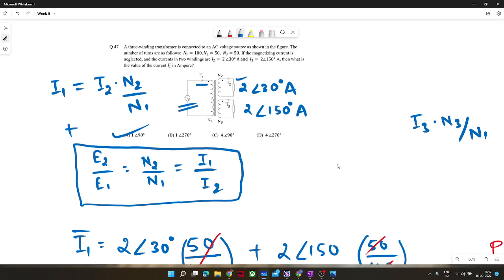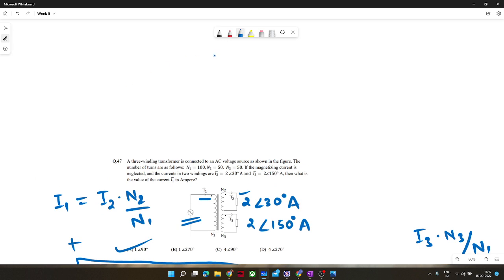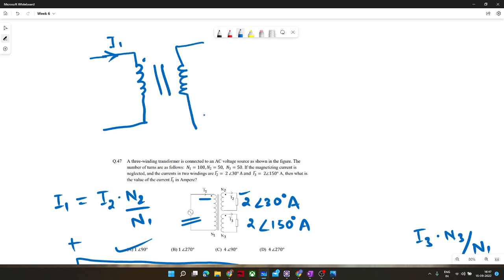See, in a transformer the general rule of thumb is, if current is entering on one dot from one of the turns, let us say it is I1, it is entering from these turns, it should leave from that dot where the load is connected.